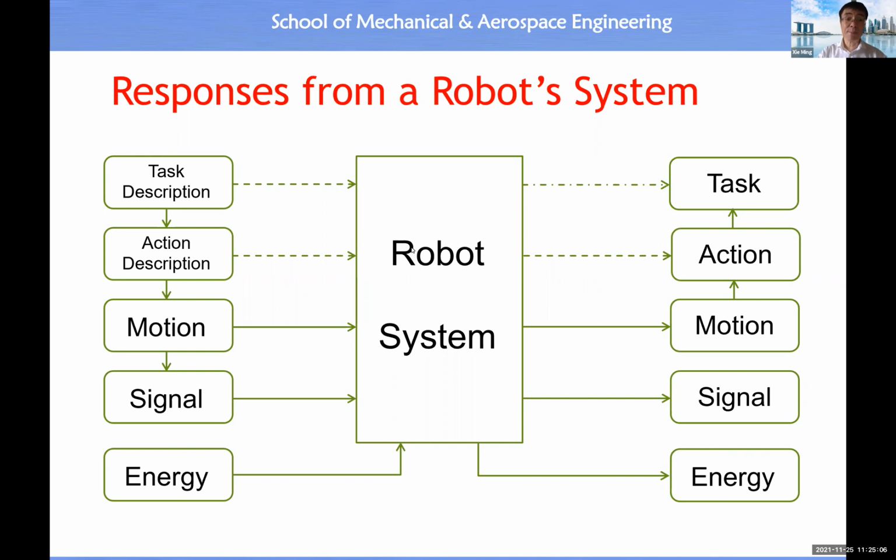If the input is an action description, then the output should be to perform or accomplish the action, etc. So they are symmetric, because inside a robot system we always make use of closed loop control to design a robot control system.